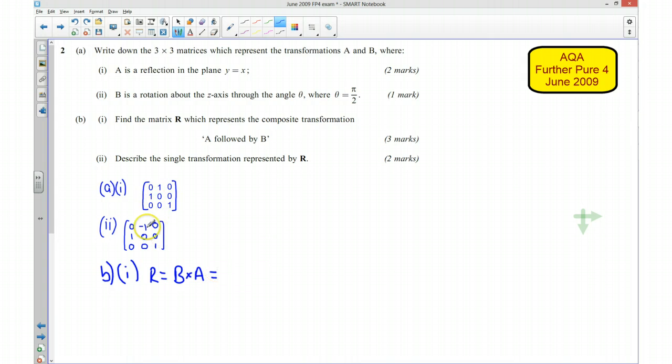And I'm just going to write those out. So this was our matrix B over here. So we're going to have 0, 1, 0. Okay, and it may be worth you pausing the video now and having a quick go at doing this yourself.